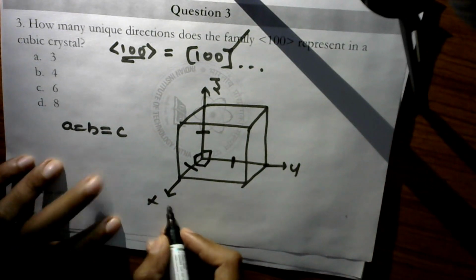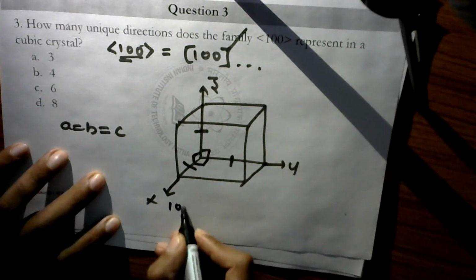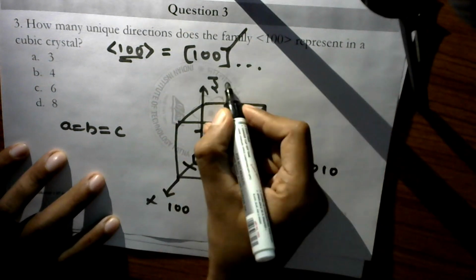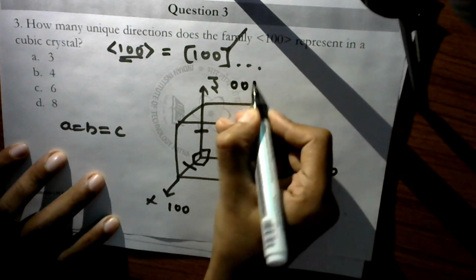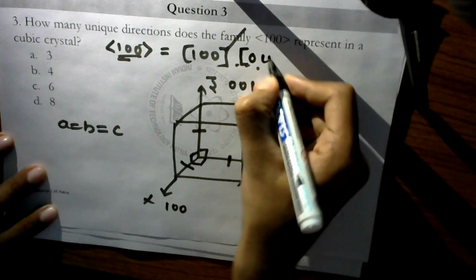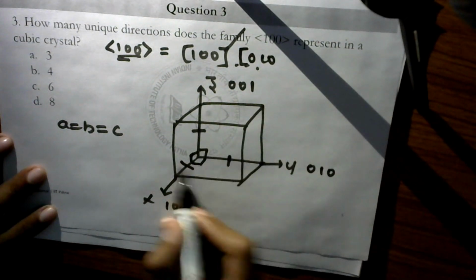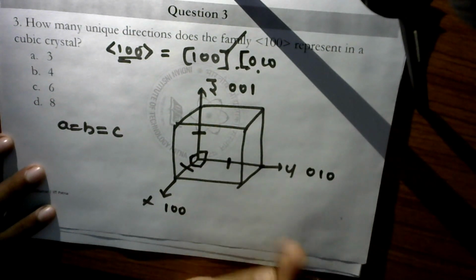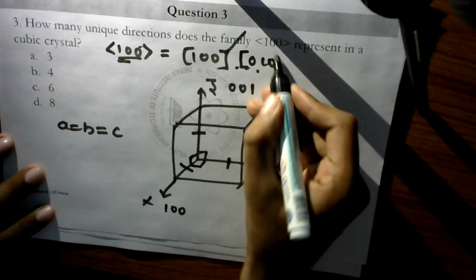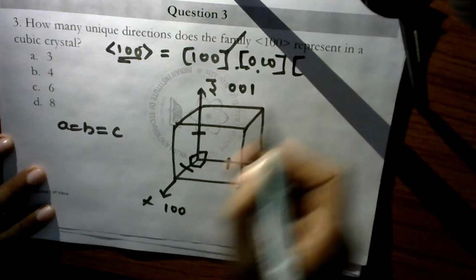This direction is 100. This direction we just found is 010, and this is 001. So they have the same magnitude, the same symmetry, and they are separated by 90 degrees itself. So we'll write them: 010, and then 001.